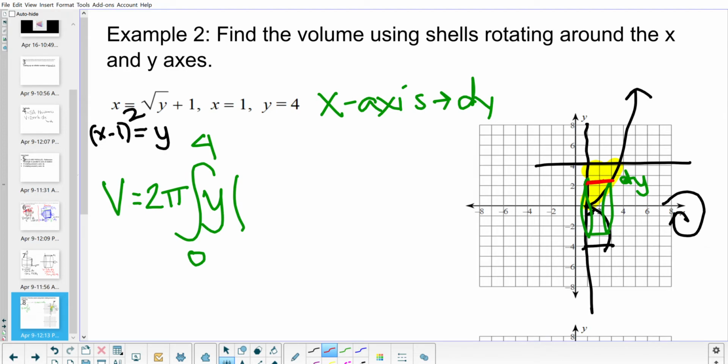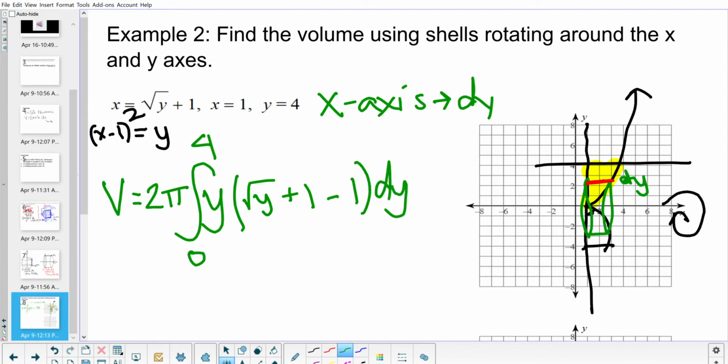And so the height is going to be right minus left. Right is the square root of y plus 1, and then minus the left, which is x equals 1, dy.